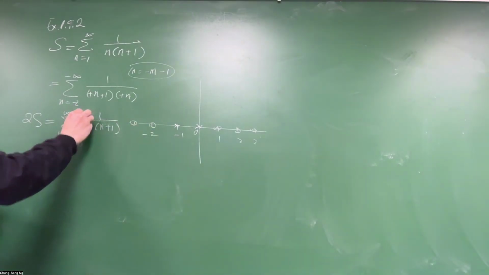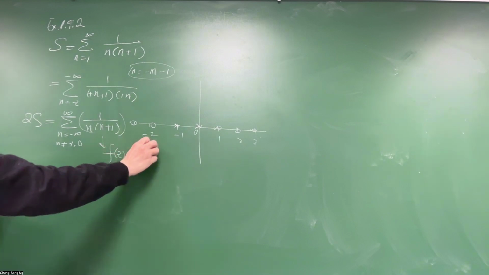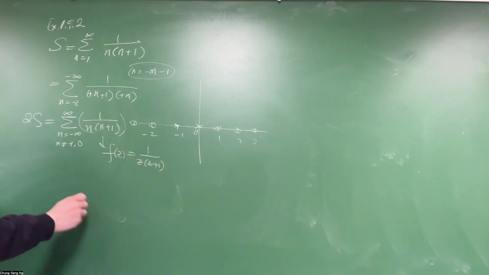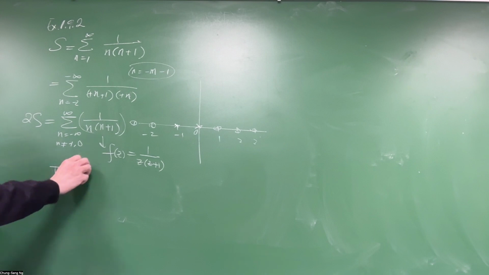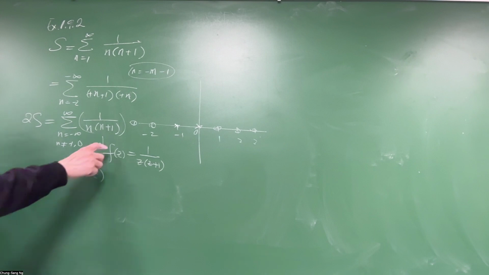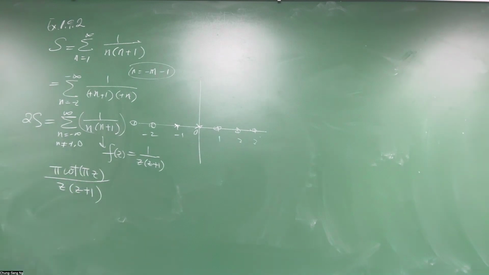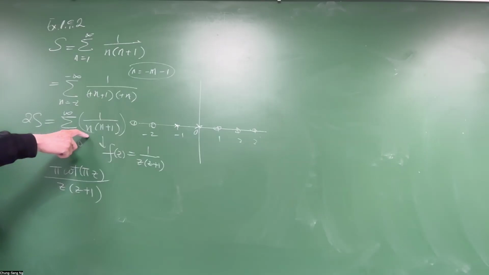So this is your F. F of z is 1 over z times z plus 1, right? And the function we want to calculate is now pi cotangent of pi z times f, which is divided by z and z plus 1, right? Now all the other poles of cotangent will give you this series, which you already know, or the negative of that one.